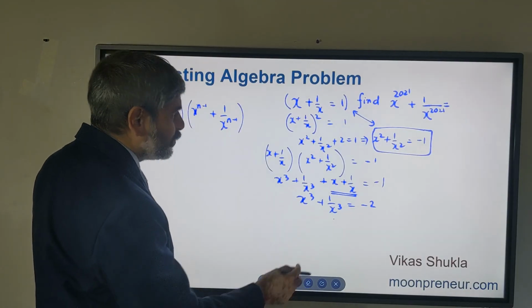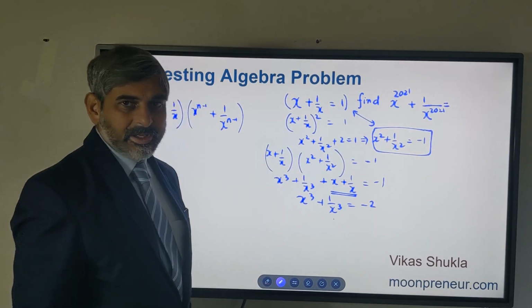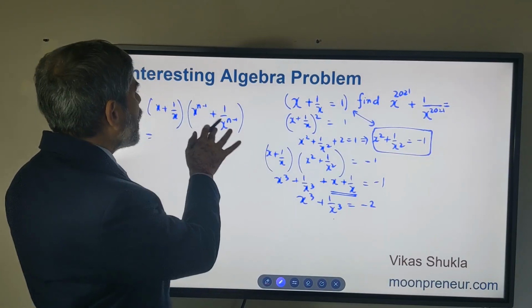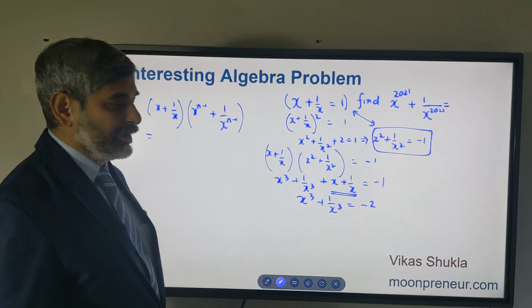The key idea is we now have to find a very high order, and if I keep going on like this, it's going to take forever. So we want to know how x^n + 1/x^n looks like.